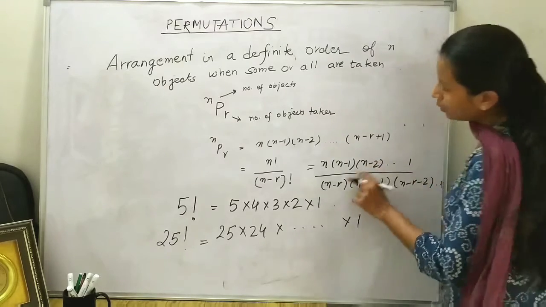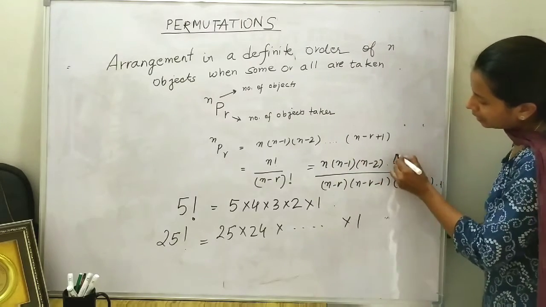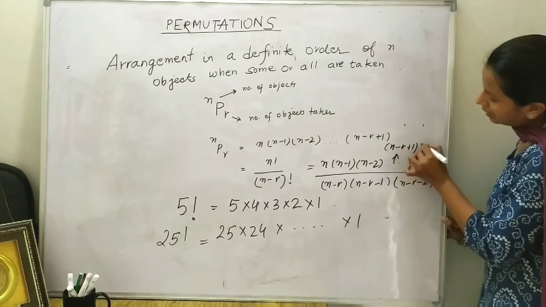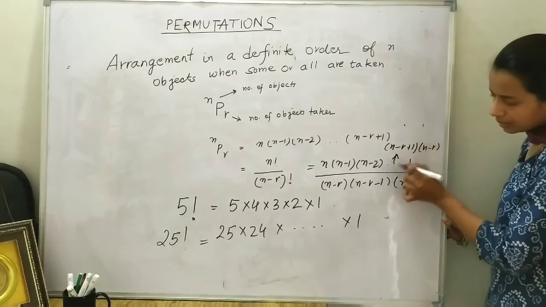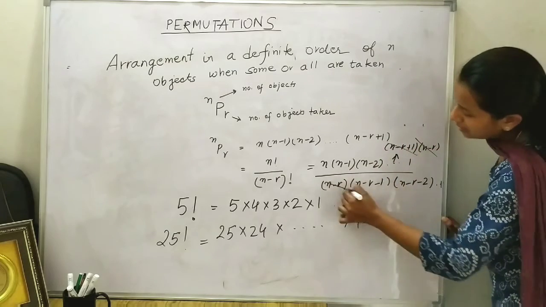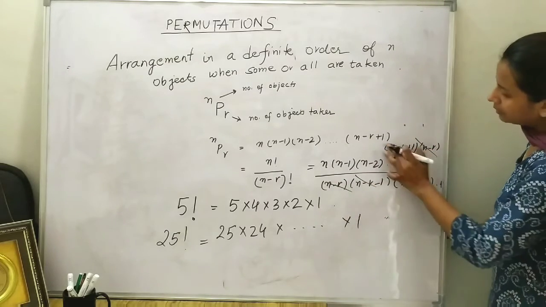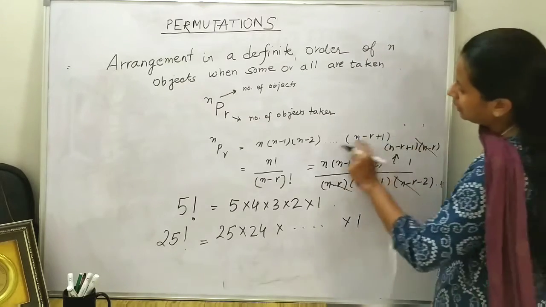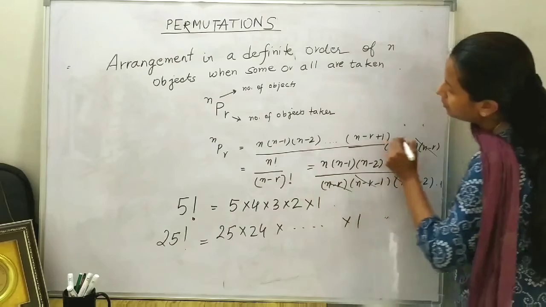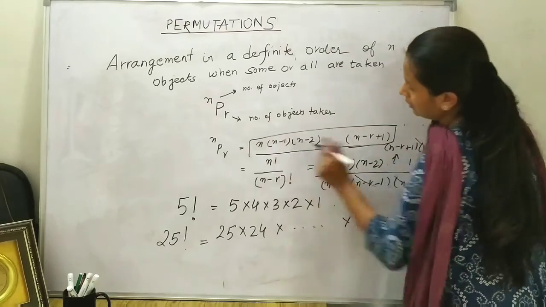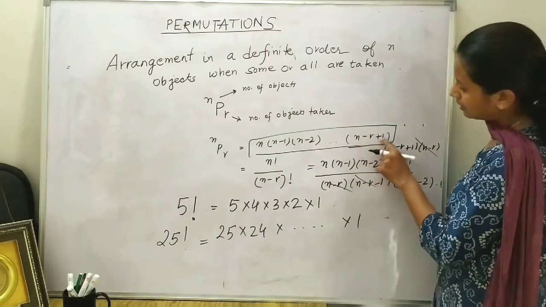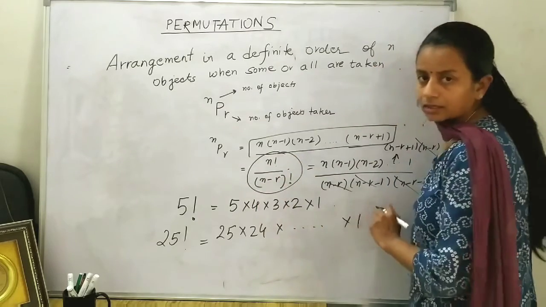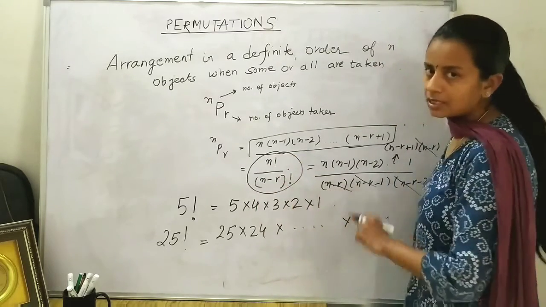So in the middle of it this can occur, right, which cancels out the denominator, and we get terms up to this term, n minus r plus 1. So this can be written as n factorial by n minus r factorial, right?